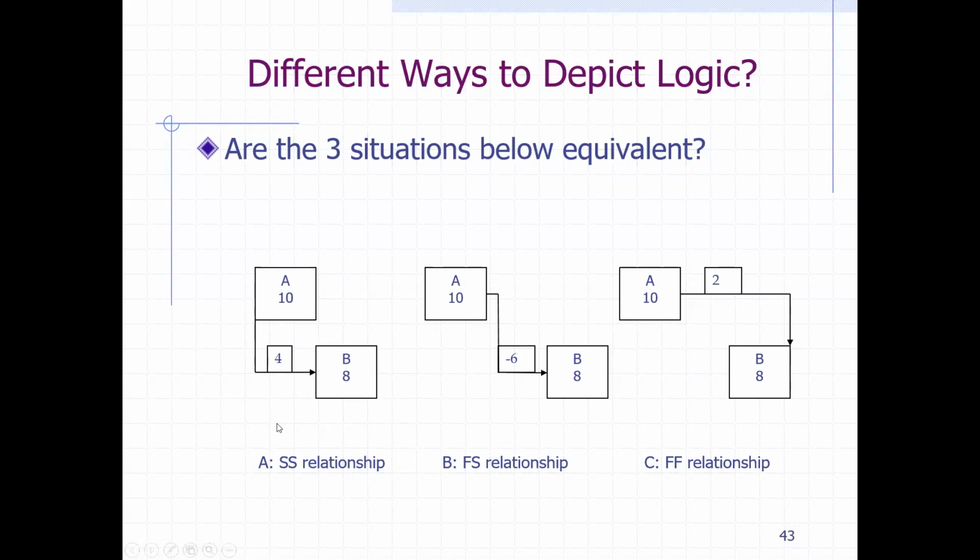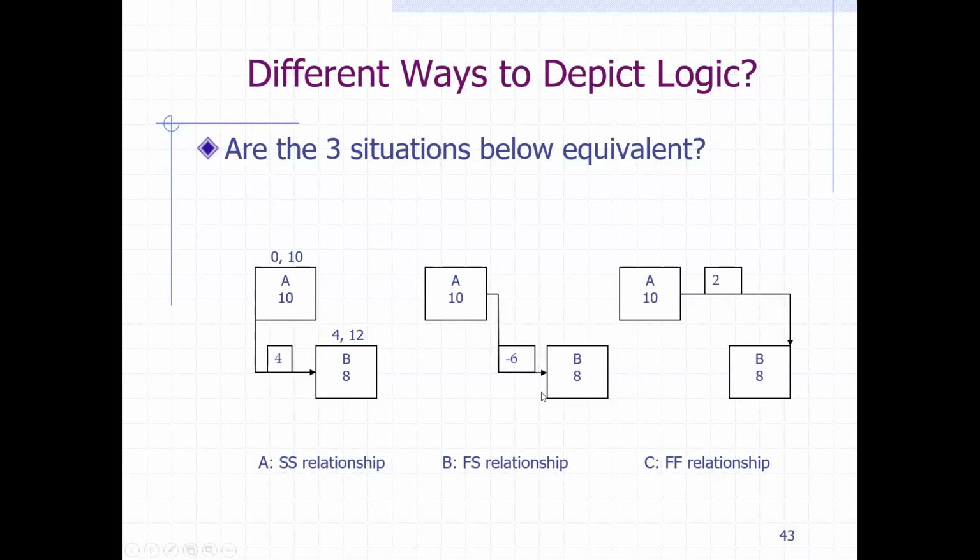I want you to pause the video and tell me, if you have an early start of 0, what will happen here? Then it's going to be 0, duration of 10 with a lag of 4. Then B starts at 4 with the duration of 8, it gives you 12. So the start-to-start relationship is logical.